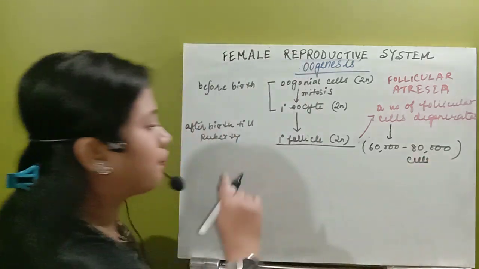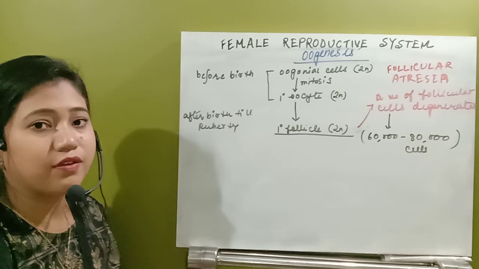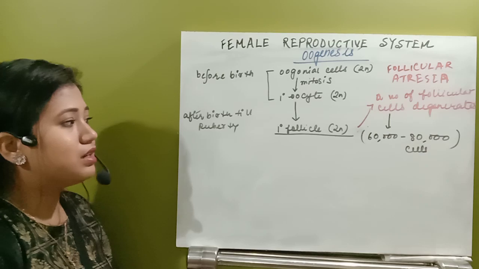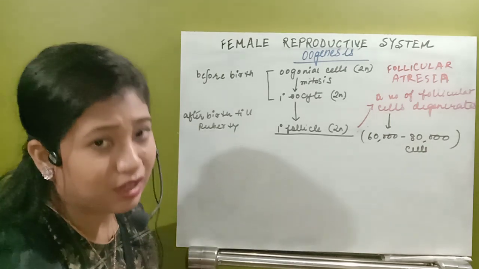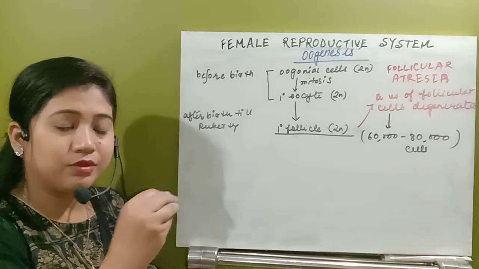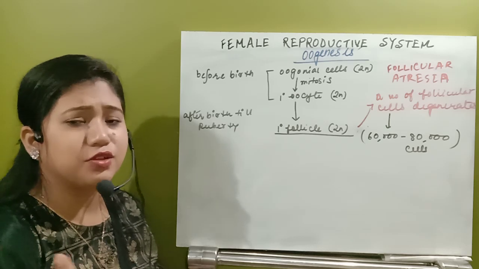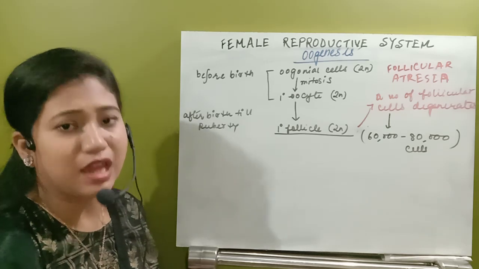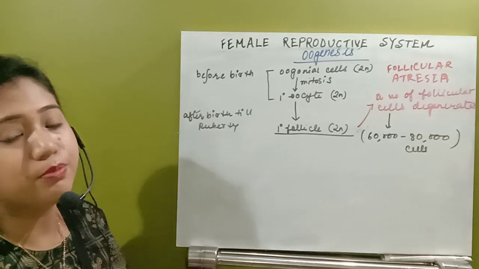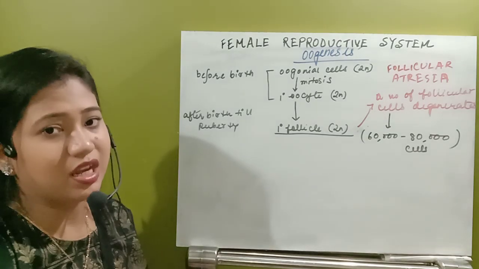Now the next phase will start, and this primary follicle will continue to the next stage, from prophase 1 to metaphase, anaphase, telophase, and it will complete the first meiosis after puberty under the influence of the hormones FSH and LH.